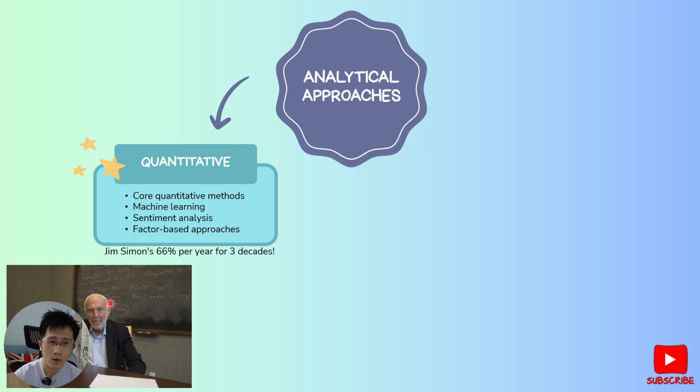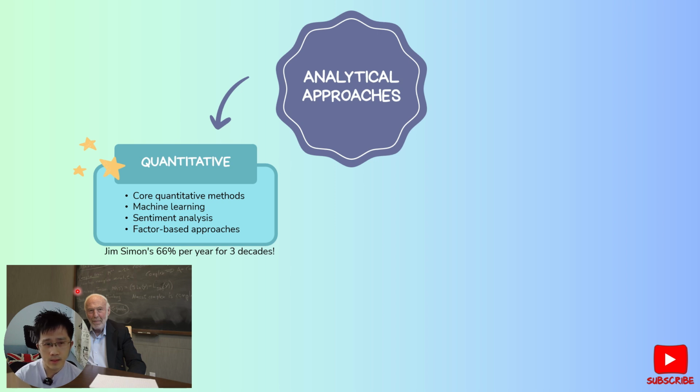On this spectrum, for quantitative analysis, one of the most well-known persons is Jim Simons. He has about 66% in terms of profit that you get from the market, sort of like the return before taxes. I think after taxes it is about 30-40%, with deductions in terms of commission and also his payout to his clients and all that.